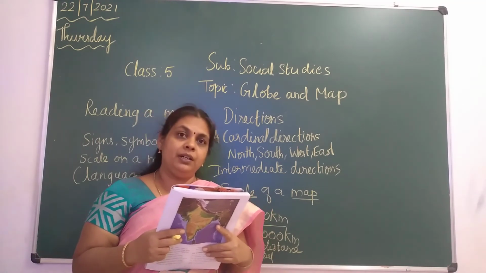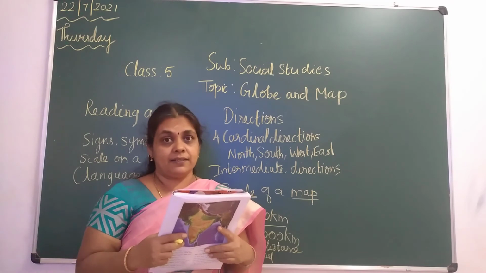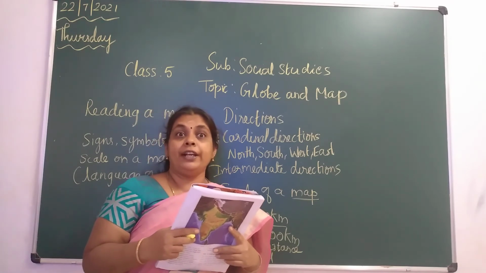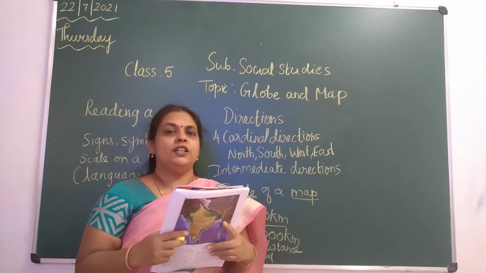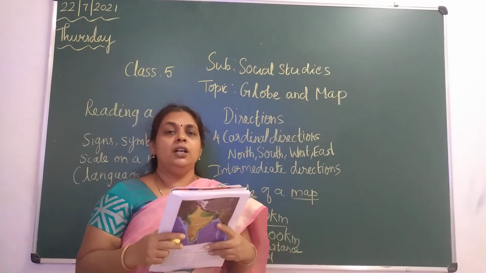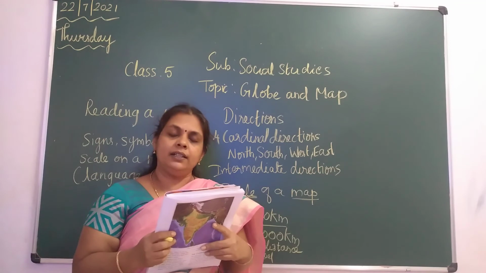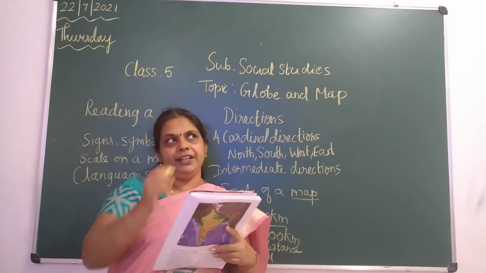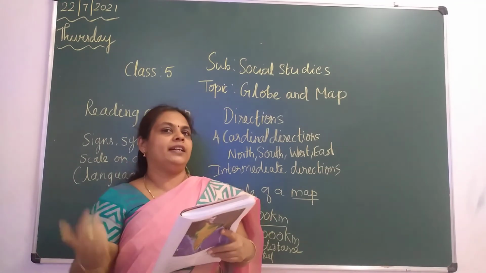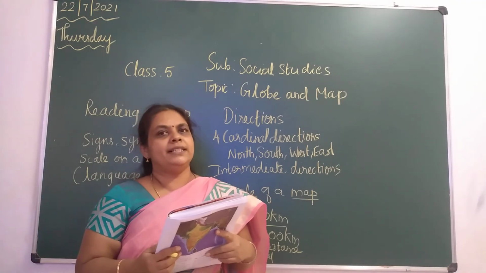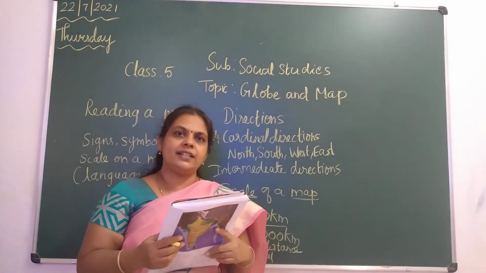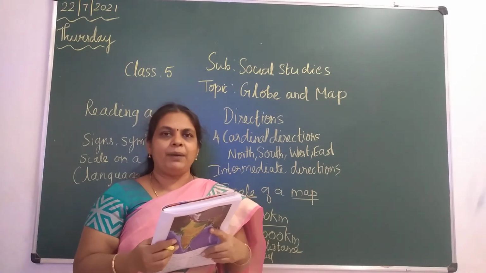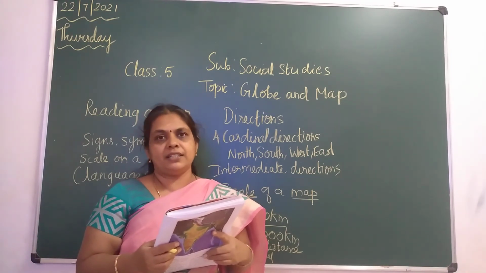The sailors locate the pole star, children, and find their path. As the pole star is always in the north, they identify the northern direction. Then the other directions they can find out easily, children. One way is along with the sun. The sun rises in the east and sets in the west, children. In that way they can understand, children.